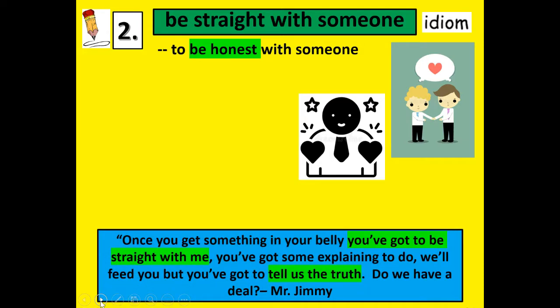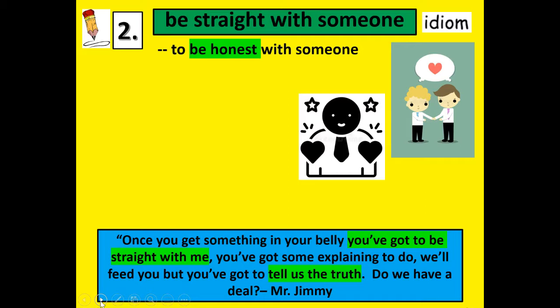So here's our quote. "Once you get something in your belly, you've got to be straight with me. You've got some explaining to do. We'll feed you, but you've got to tell us the truth. Do we have a deal?" So Mr. Jimmy says this to Bud. He says, once you eat your dinner, you've got to be straight with me.